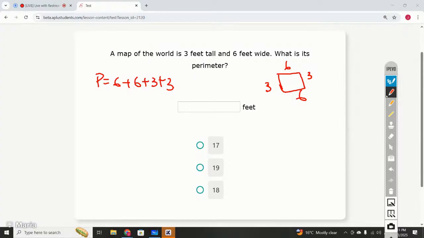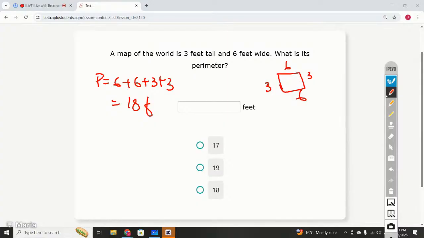So which is the correct option? The correct option is 18 feet.